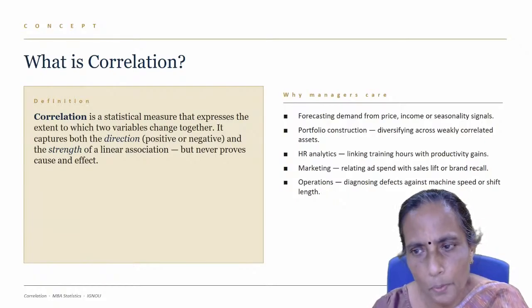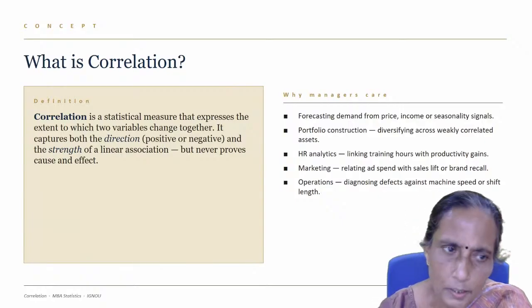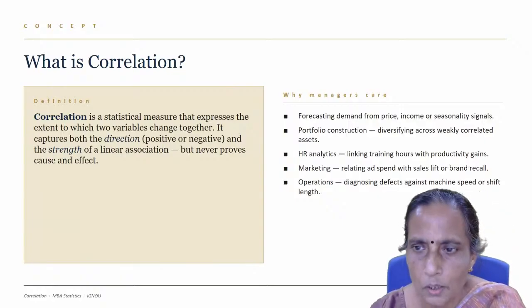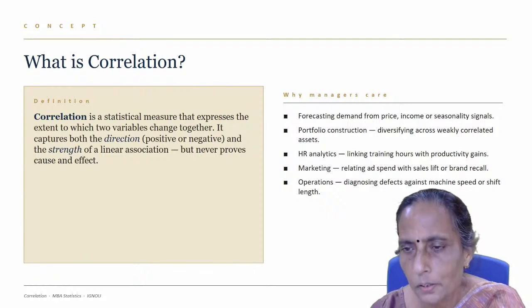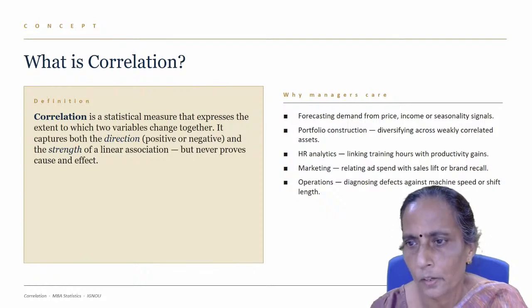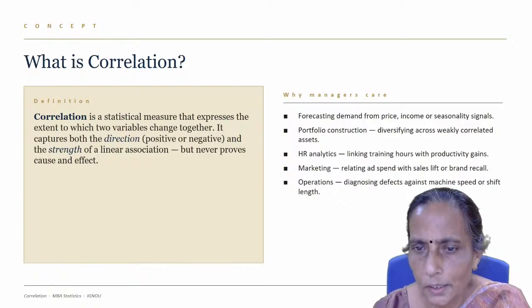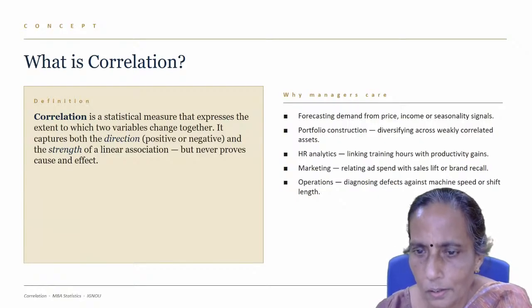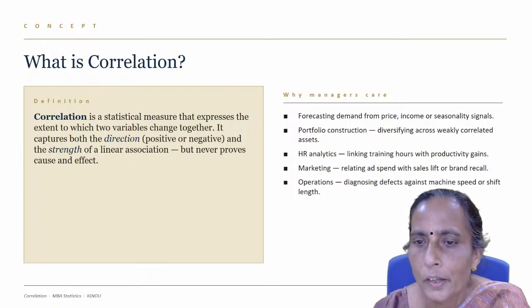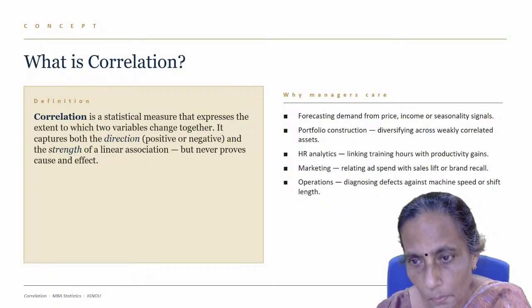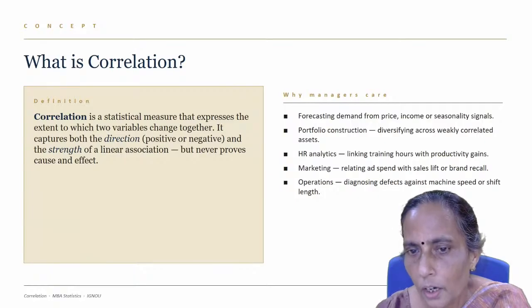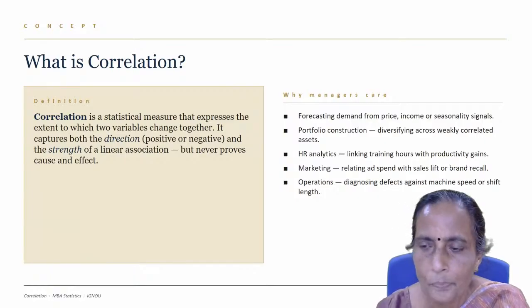In forecasting demand from price, income, or seasonality signals, we need to measure the correlation between variables like price and income, and seasonality, the change in weather, the change in timing, and so on. In portfolio construction, it means diversifying across weakly correlated assets.